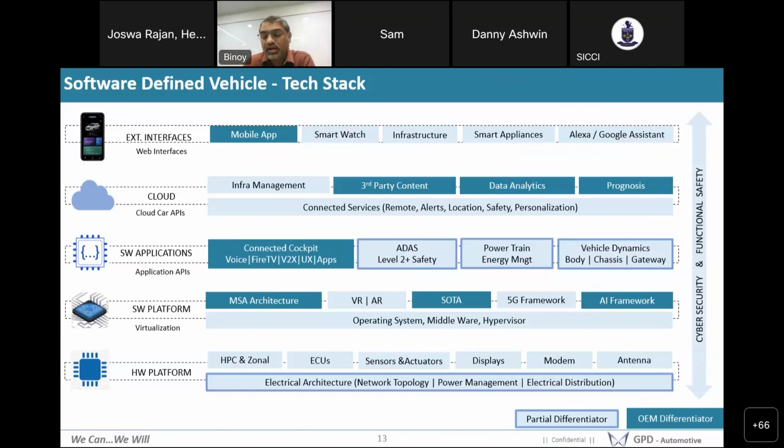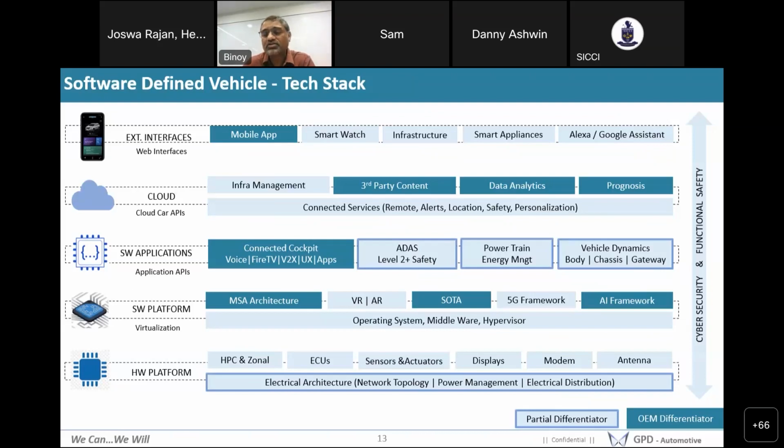Vehicles run with the cloud as a companion in many cases. Then there is the application, which is the most differentiating feature of a product. And then the software platforms, which give you the microservice architecture, the frameworks, the AI algorithms, the OTA frameworks, and all that.